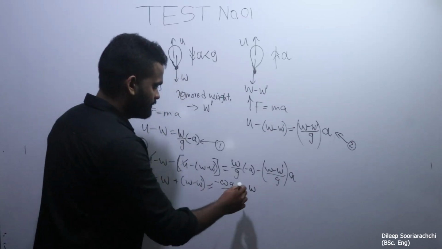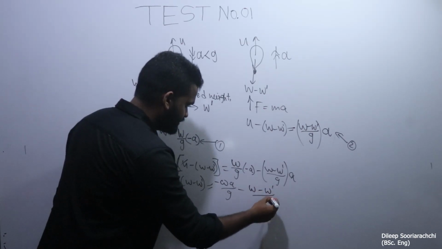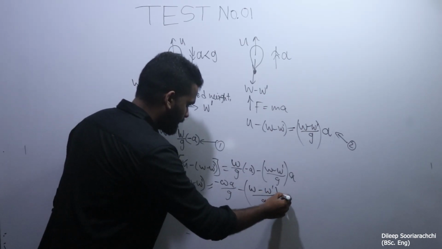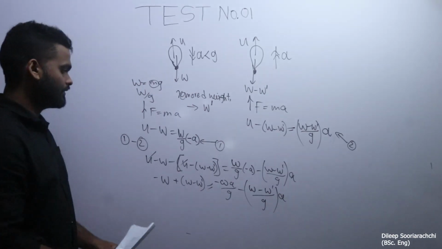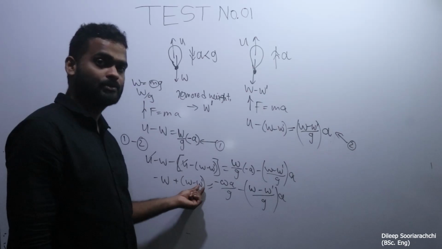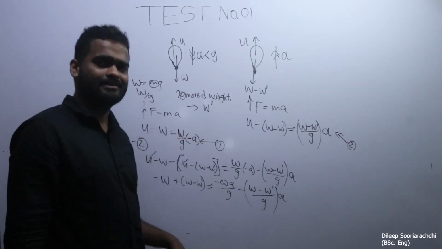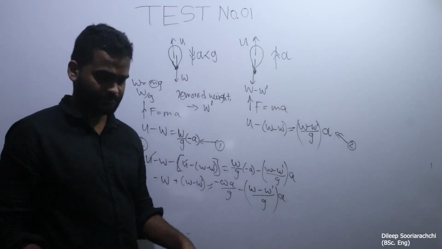no, I'll just keep it like that, W dash divided by g multiplied by a. So in this equation you just have to make W dash the subject. That's all you have to do. After that, this is just a simple calculation.